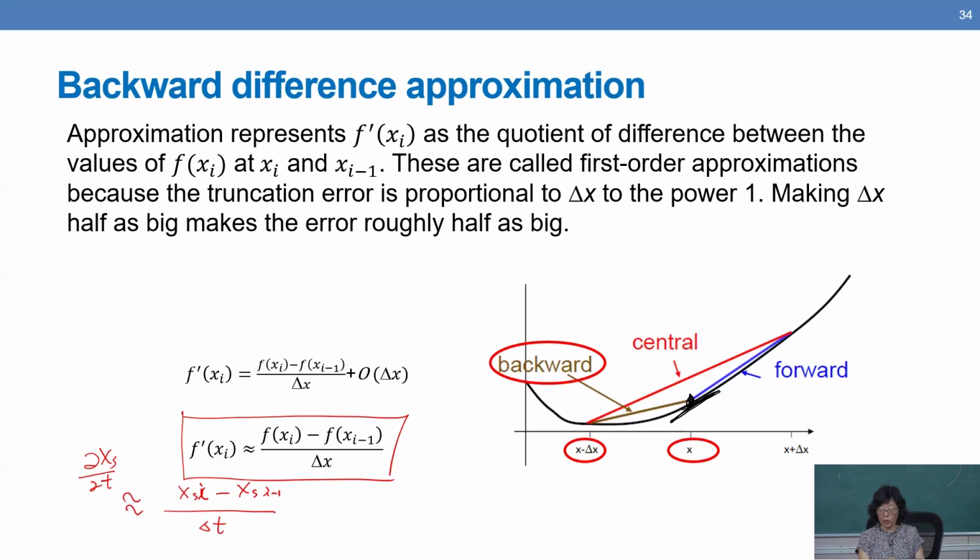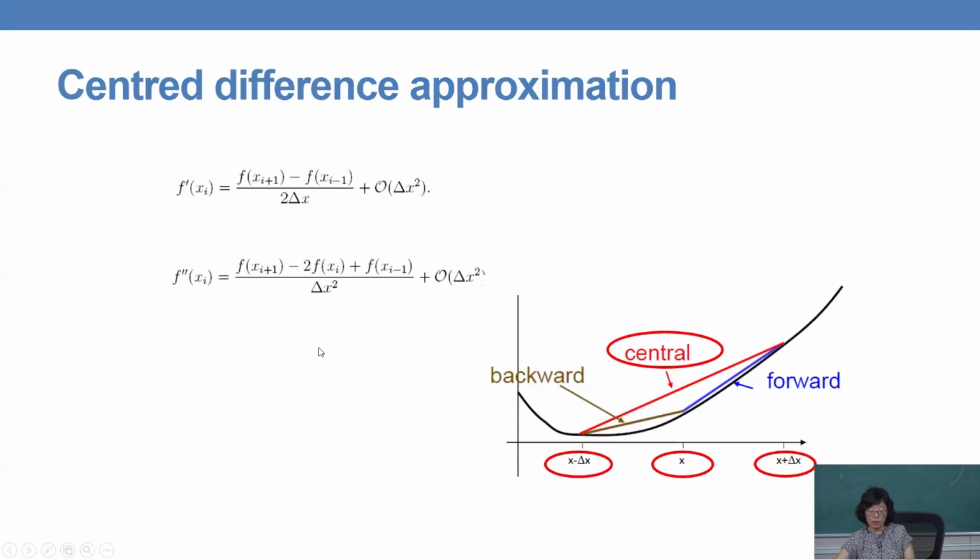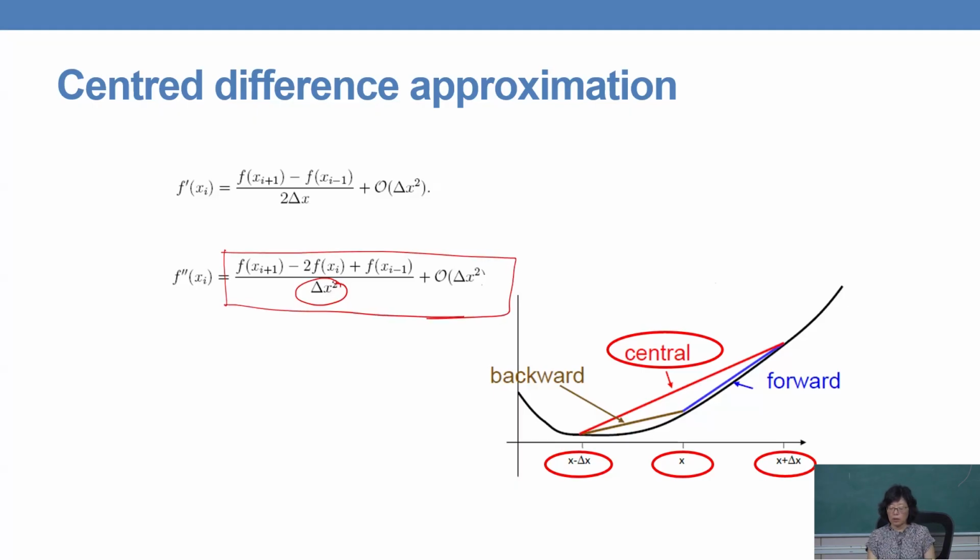So that's what we are going to use. So basically it's either backwards or forwards. And also there is a central difference that uses two points. Here you see this is second order. When to use which one all depends on what boundary condition you have. And also the different transport modes you are using as well.